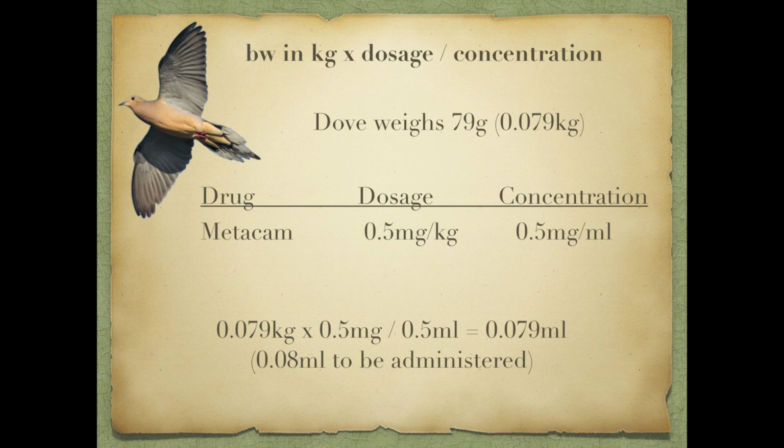If we input our numbers into the formula, it looks like this. 79 grams divided by 1,000 times 0.5 divided by 0.5 equals out to 0.079 milliliters. Our syringes do not measure out to the thousandth, so we'll round up to 0.08 milliliters.